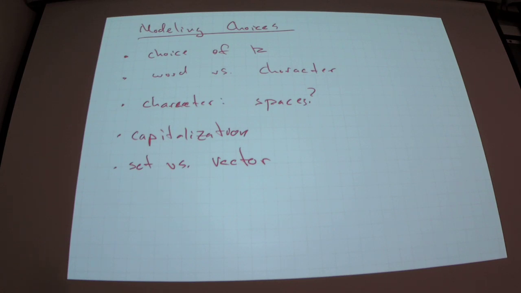For a bag of words, you pick a dictionary. So if I use the vector, then I need some dictionary. With the sets, I did not. So that was a cute thing about the sets.